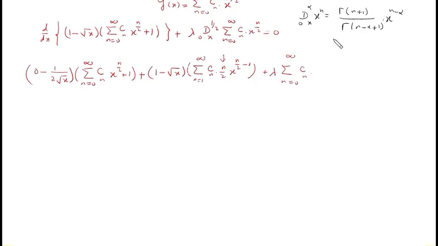So using this formula, here my alpha is half and n is actually n by 2, so it becomes gamma of n by 2 plus 1, and in the denominator gamma of n by 2 minus alpha, which is 1 by 2, plus 1, and x to the power n by 2 minus alpha, which is 1 by 2, equal to 0.